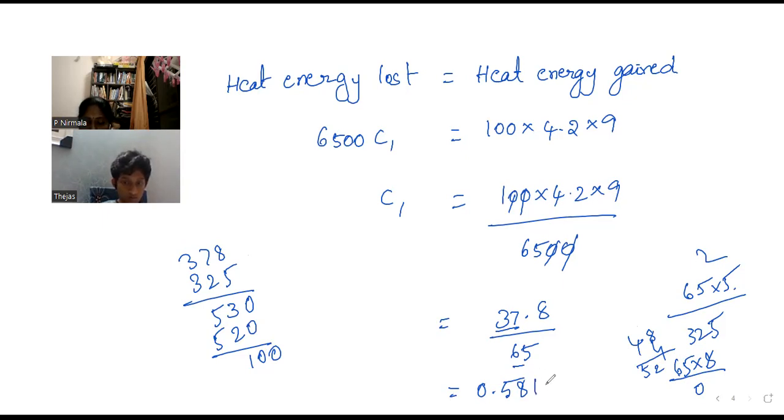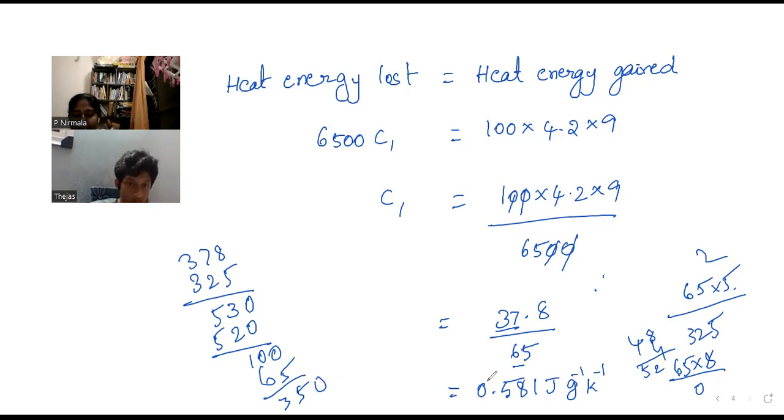Enough, 3 decimals is enough. So joule per gram per Kelvin. They round up, I think, the next decimal. Again we put 0, then it comes 5 times. They round up and put 0.582.